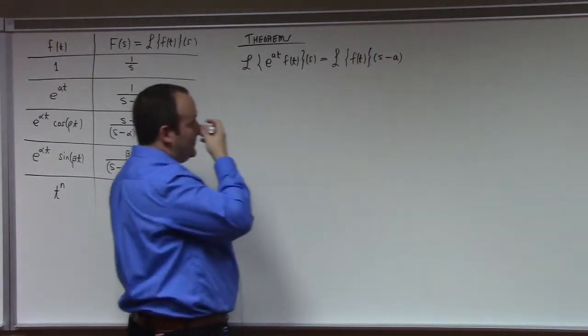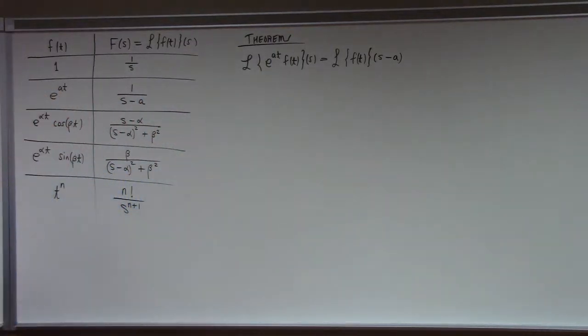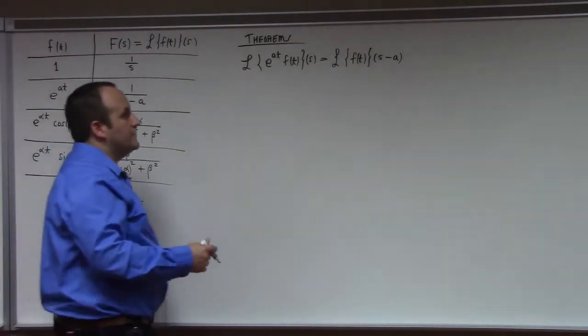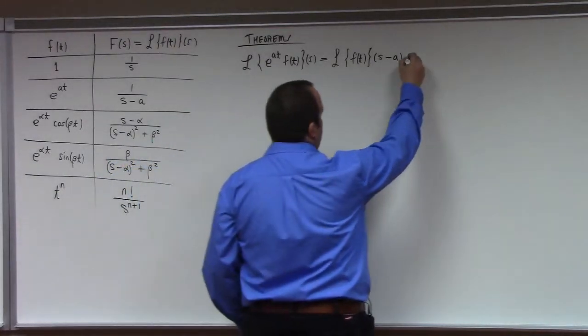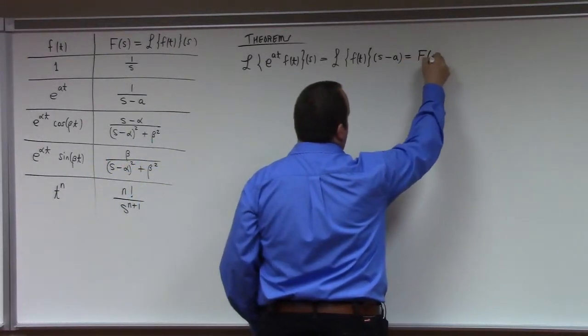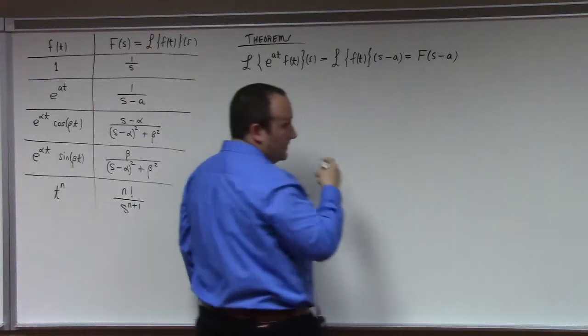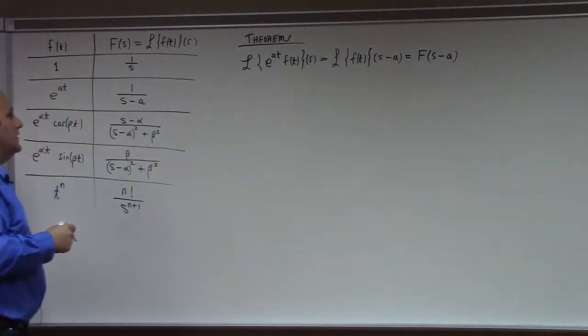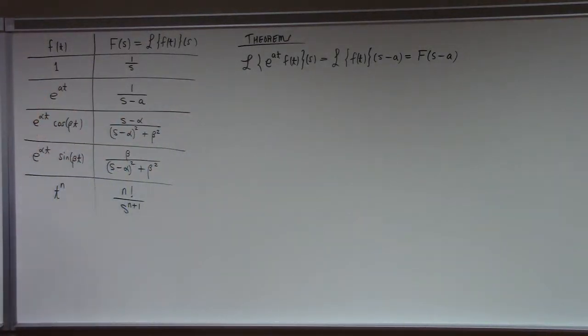The so-called Shift Theorem says to take the Laplace transform of the exponential times a function, we just take the Laplace transform of the function itself and shift s to s minus a, right? The notation I used last time probably was big F of s minus a. You can see this theorem in action if you look at row 1 to row 2 here, right?